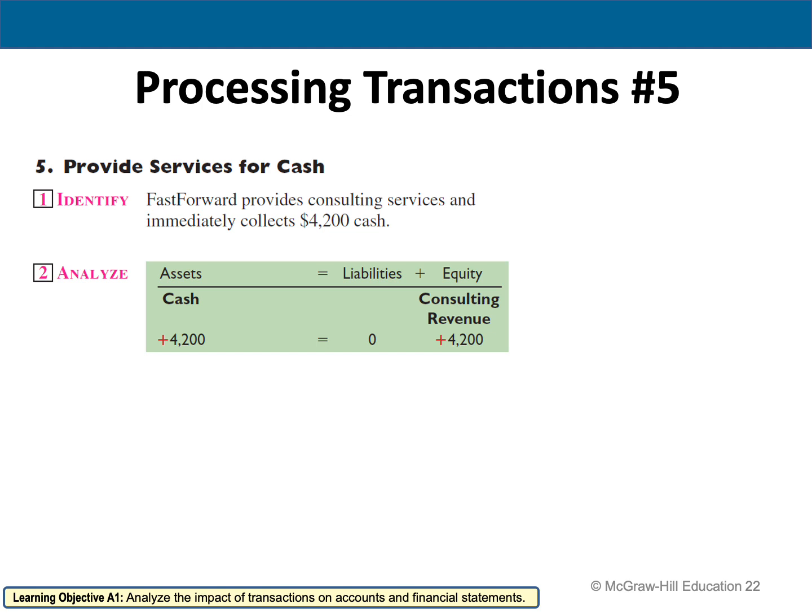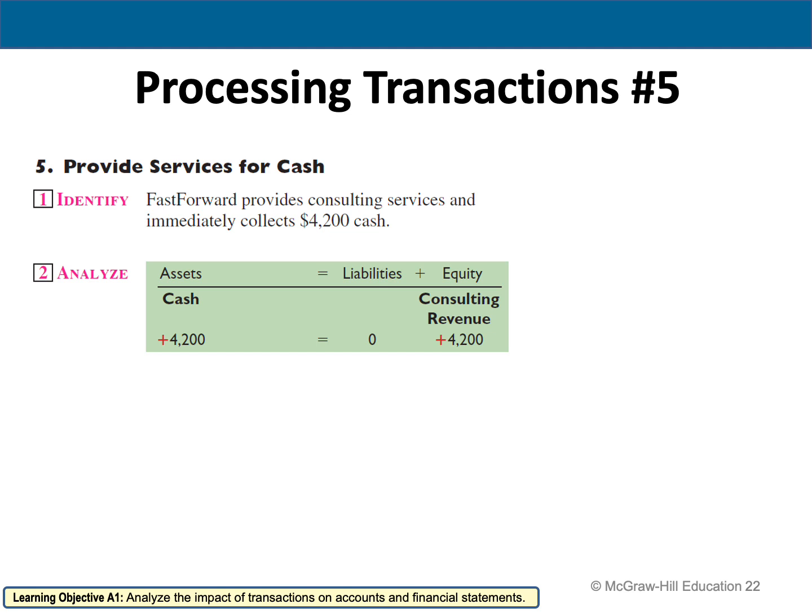And then consulting revenue, or revenue, is part of the equity. We already know that the normal balance of revenue is credit, which means it will increase on the credit side. So the cash is going to increase on the debit side because it's an asset and it's increasing, and the revenue is going to increase on the credit side because the normal balance of revenue is credit.